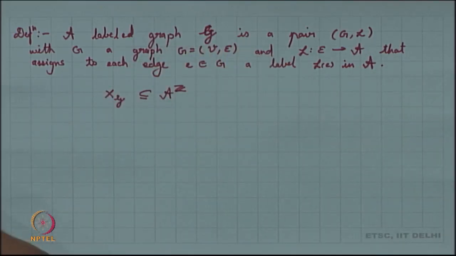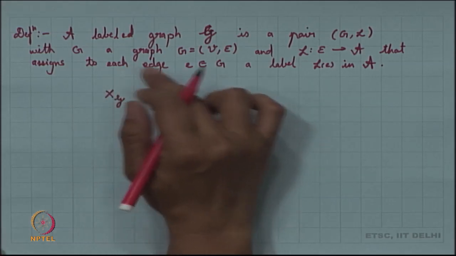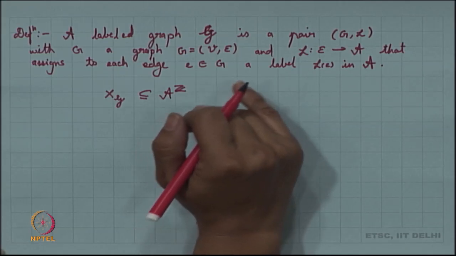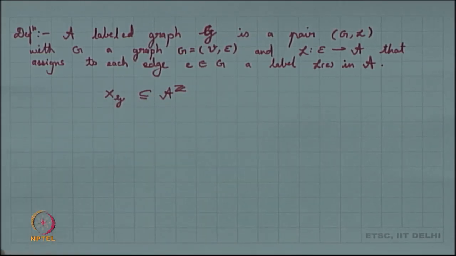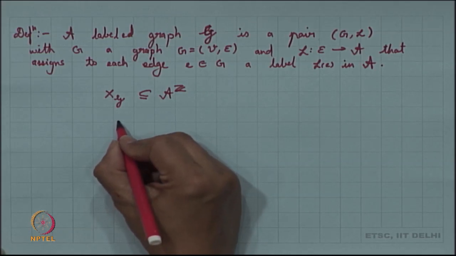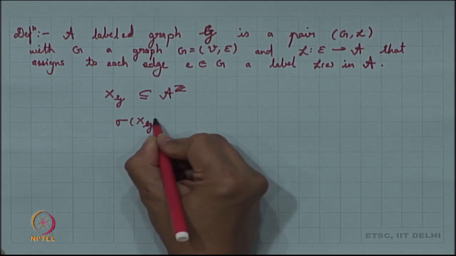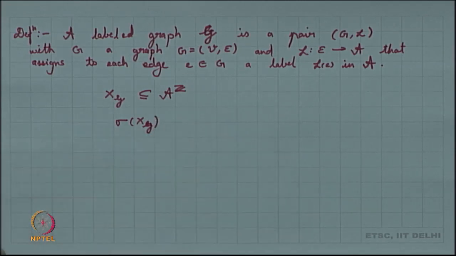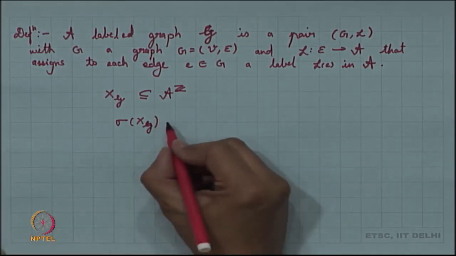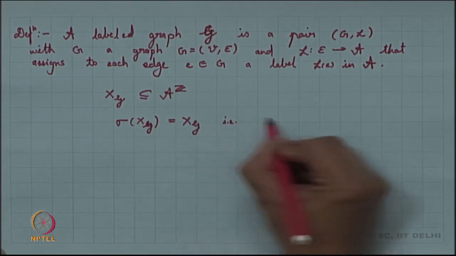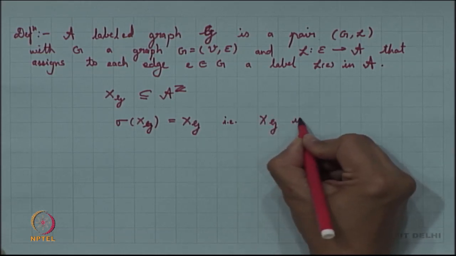So, now you are generating a sequence of labels, and that sequence of labels is what you call your shift here, coming up from the labeled graph, and that is a subset of A to the power Z. Now, think of that: if I take the shift of this labeled graph, the shift that we generate here, then this is shift invariant. You see that your X_G is shift invariant.